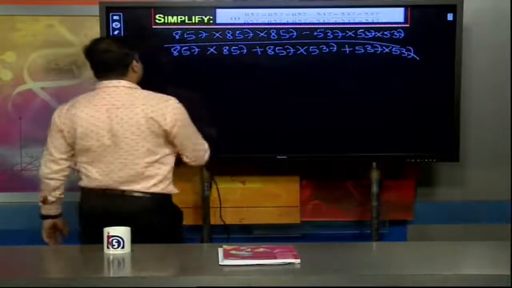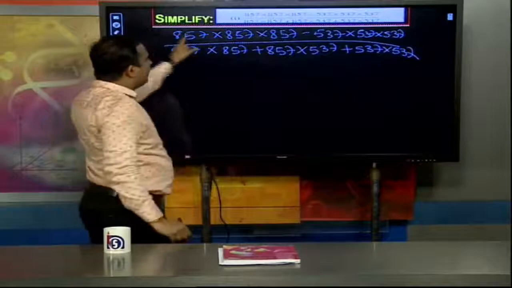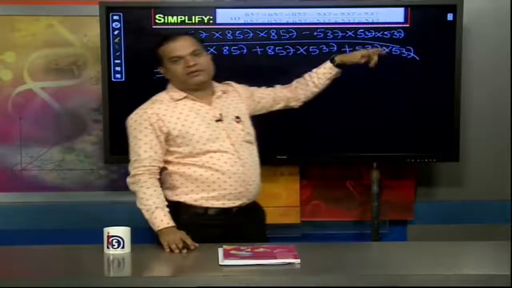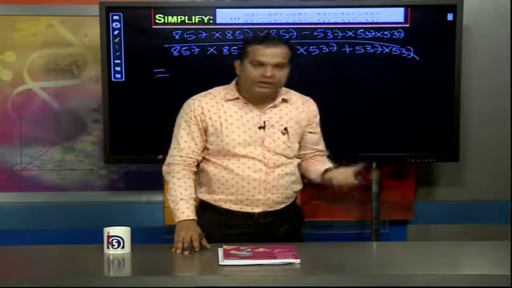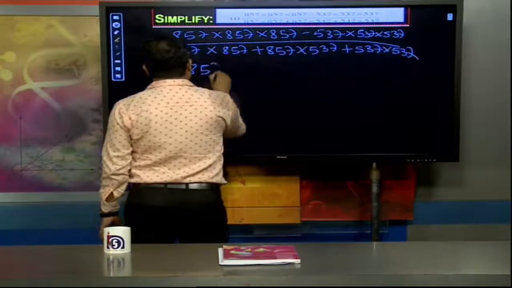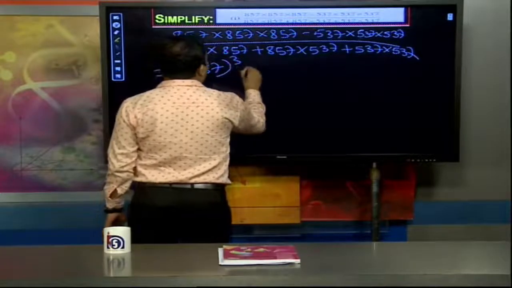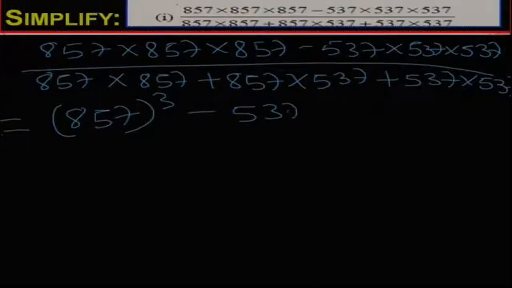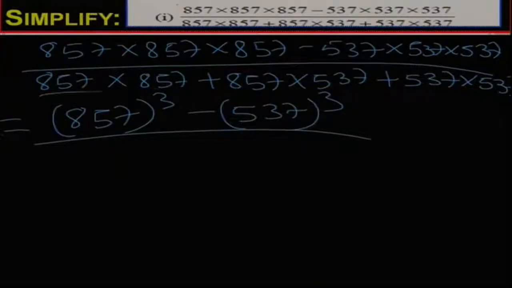How it is possible? You see, I can write 857, 857, 857 means 3 times. So I can write 857 ka whole cube. So simply learners, I can write 857 whole cube minus 537 ka whole cube divided by 857 into 857.